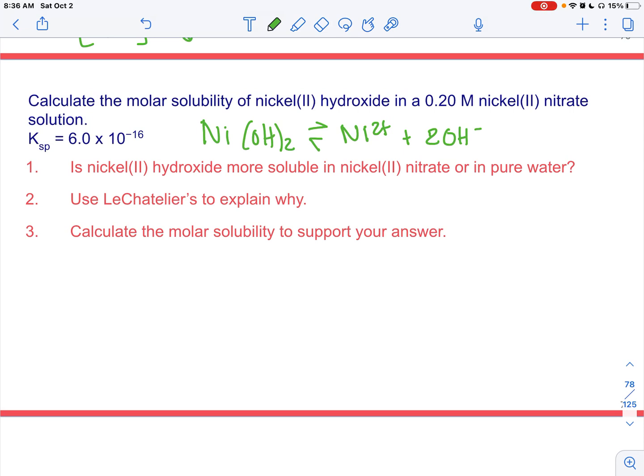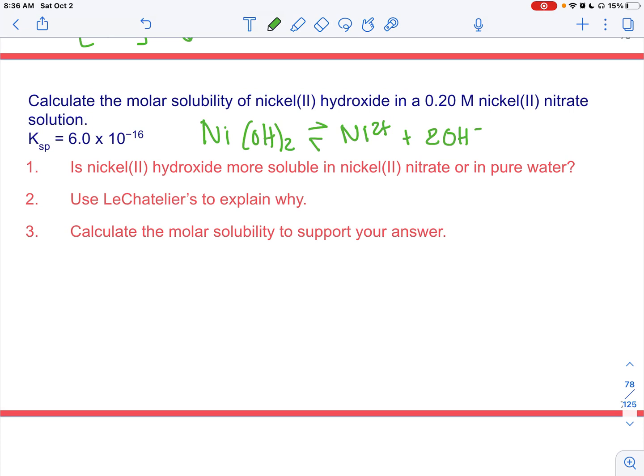Is nickel 2 hydroxide going to be more soluble in nickel 2 nitrate or in pure water? Based on what we've already done here in this video, you can probably already know the answer to it. Remember that solubility is how much of the precipitate dissolves in water. So if we are creating more mass of the solid, that means less is dissolved, which means the solubility is lower.